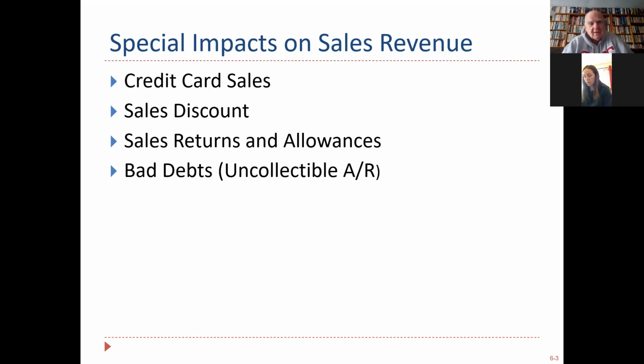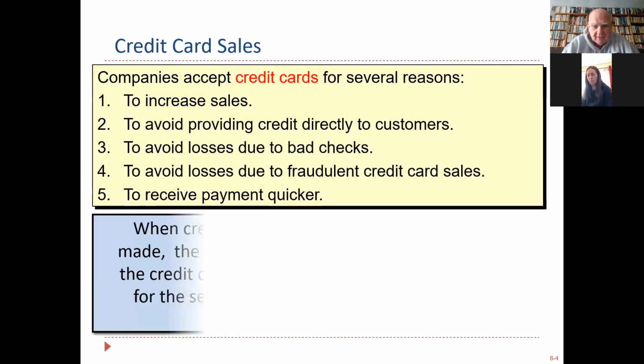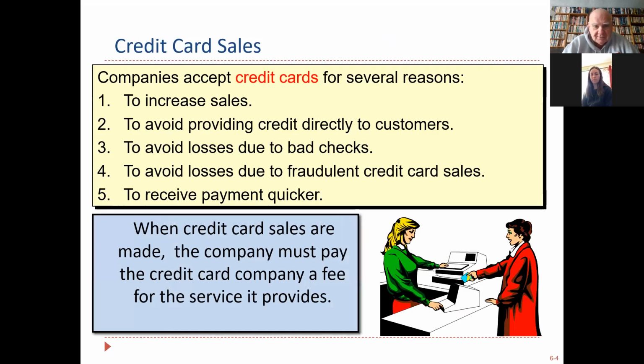These are contra sales accounts, like all contra accounts. They're married to a big somebody other. And in this case, they're married to the sales. So gross sales minus these three things: sales discounts, sales returns, and credit cards, which is not on here. Credit card fees will reduce the gross sales to net sales.